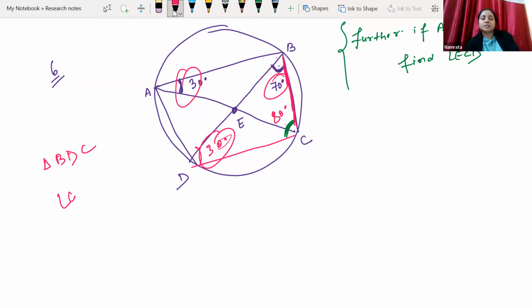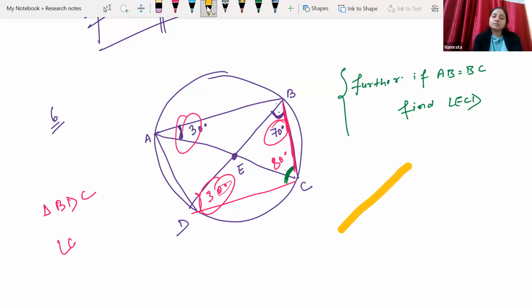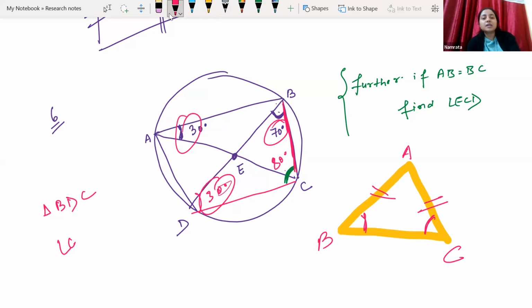We got angle C. Further, it is given that AB equals BC. Then find ECD. We are having a triangle where side AB and side BC are of the same length. Then we can say the opposite angles will also be the same by the isosceles triangle property.